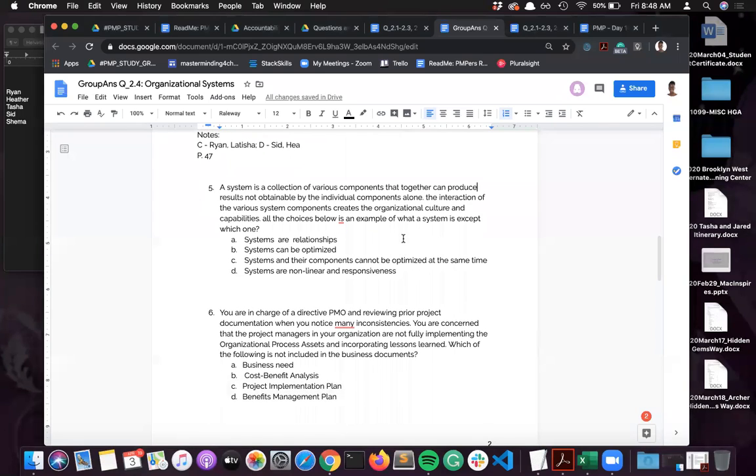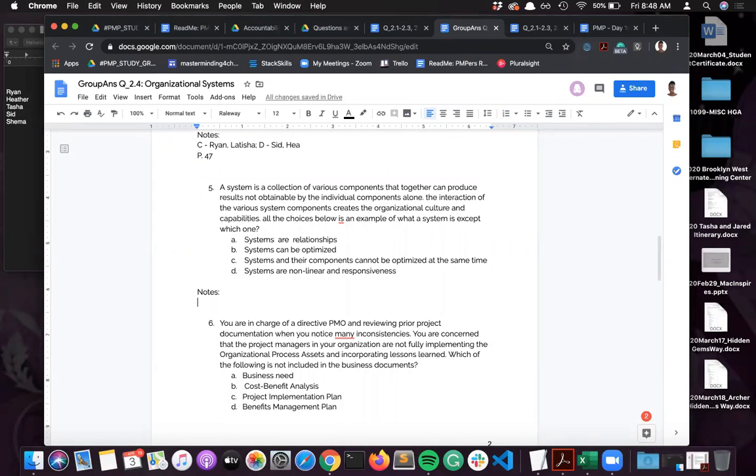All right, your turn. Okay, number 5, right? Yes. A system is a collection of various components that together can produce results not obtainable by the individual components alone. The interaction of the various system components creates the organizational culture and capabilities. All the choices below is an example of what a system is, except which one?